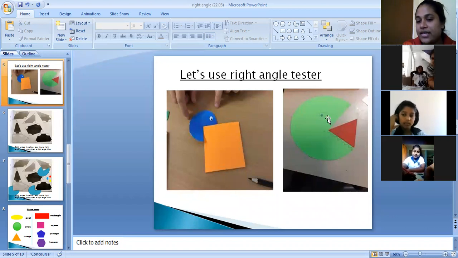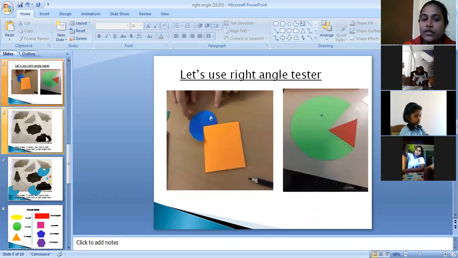Here in between the yellow, green and red colors, you can see a space. So this triangle is not fitted with a right angle. So this corner is not a right angle.